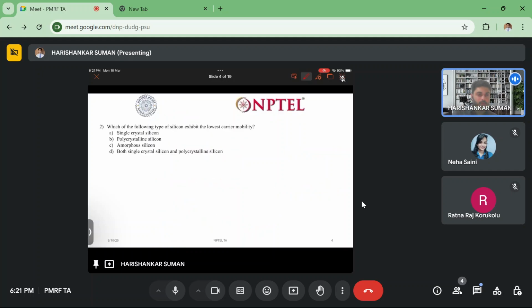Next question. Which of the following types of silicon exhibits the lowest carrier mobility? Which type? Lower carrier mobility is exhibited by amorphous silicon.